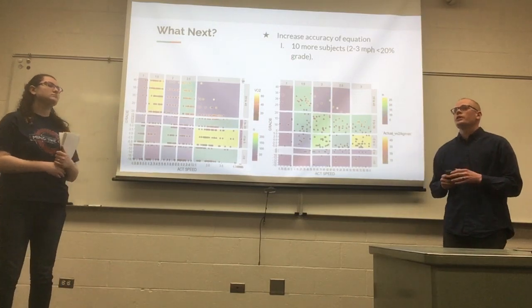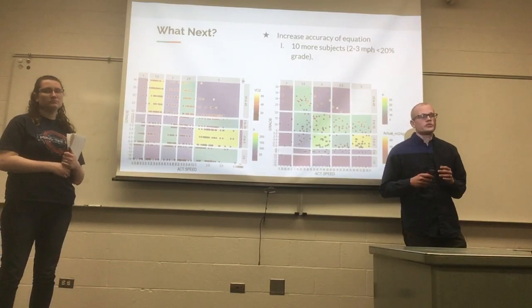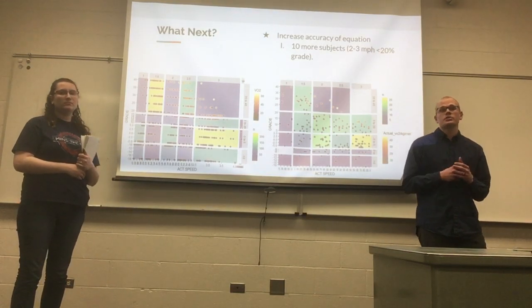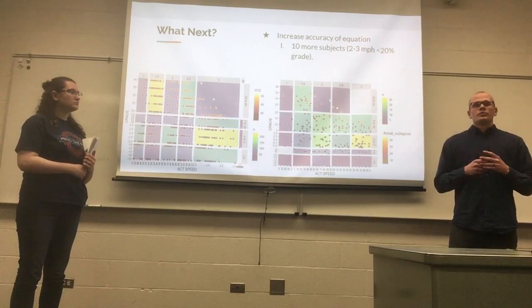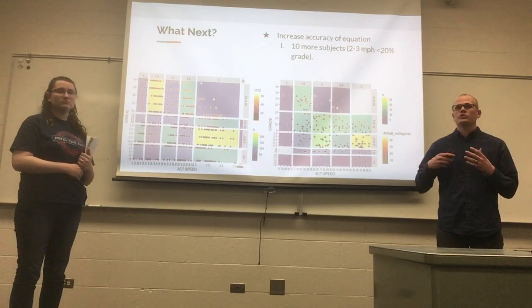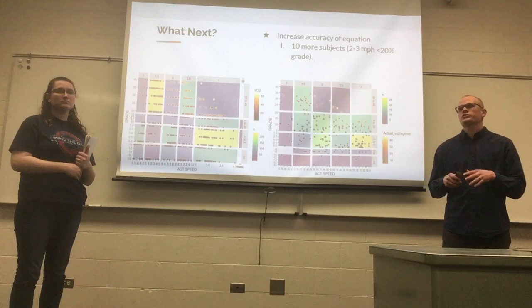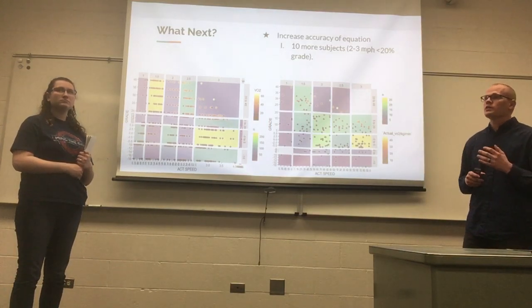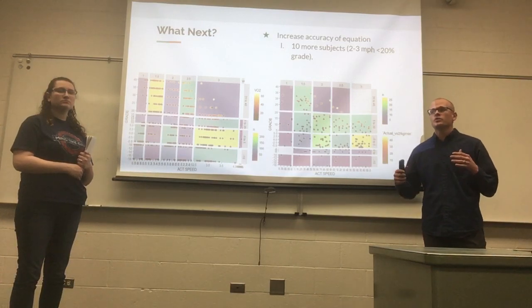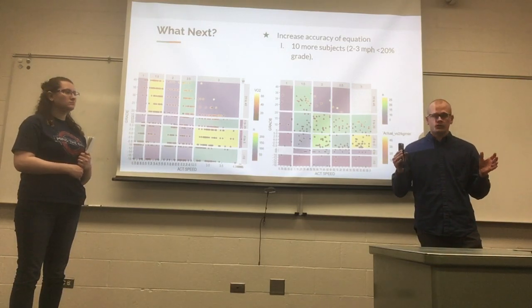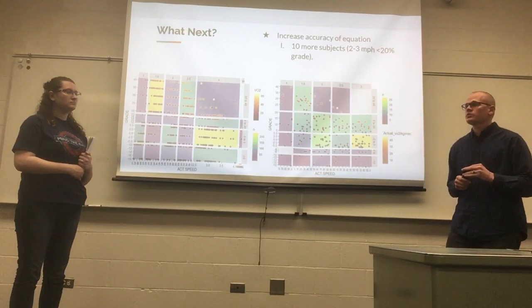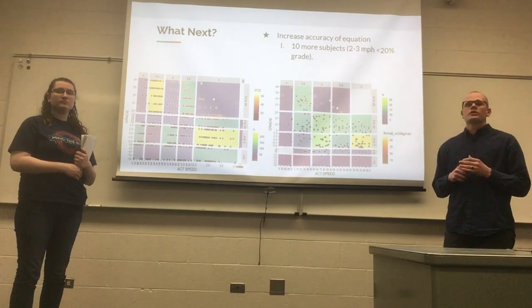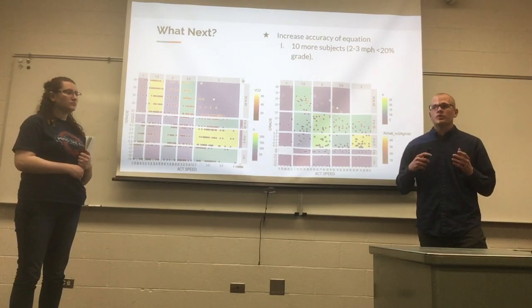So what next? The BYU-Idaho metabolic cost equation was accurate in predicting VO2 levels and, in essence, energy expenditure. And it was more accurate in our range of gradients and speeds than any other equation that has been validated up until now. Well, that is a great achievement.